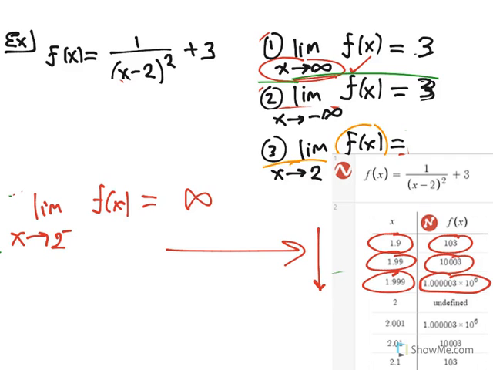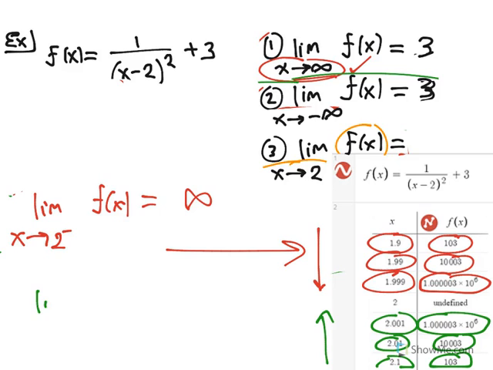And for the second part of the table here, as the input values approach 2 from values that are greater than 2, we see the same thing going on. The output values are approaching infinity. They're getting larger and larger. So we have the limit of f of x as x approaches 2 from the right of 2 is also infinity.